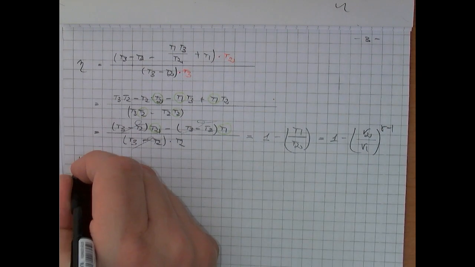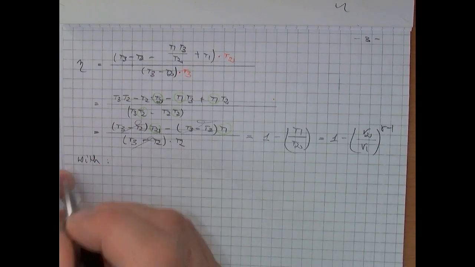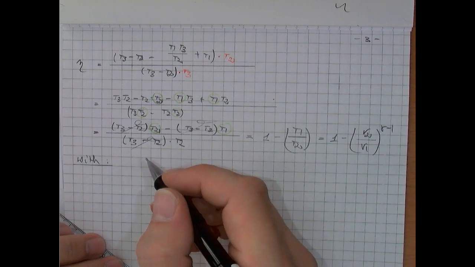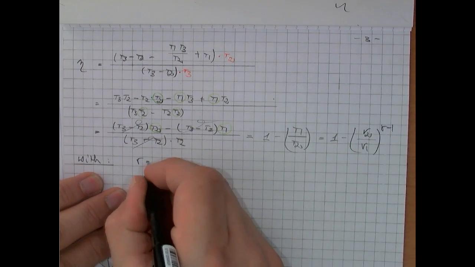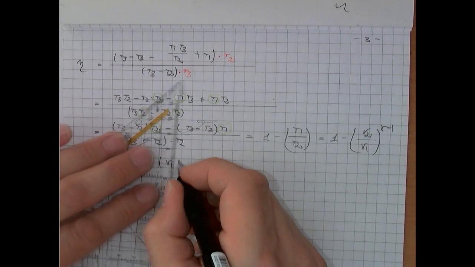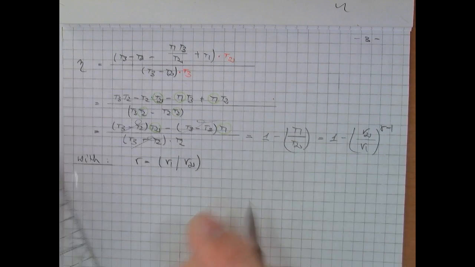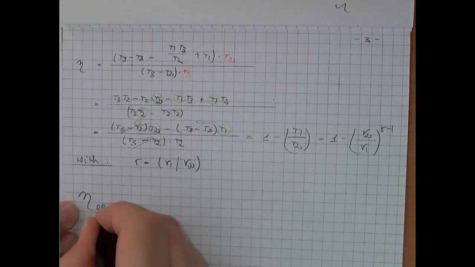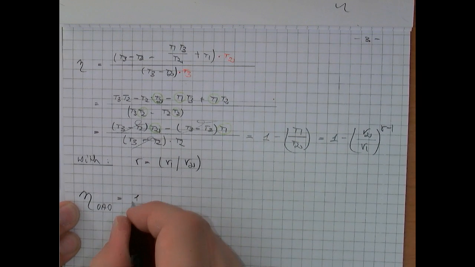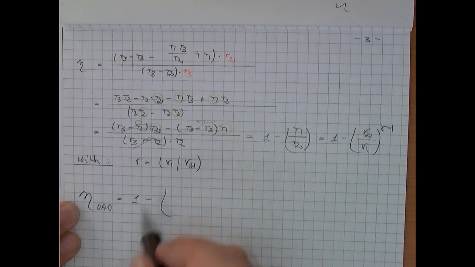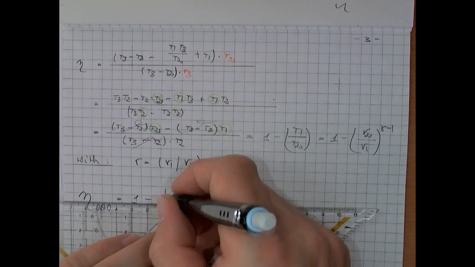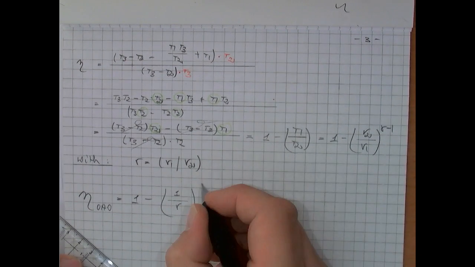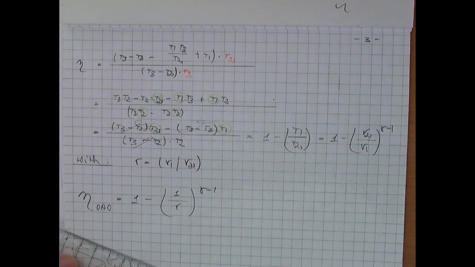And then, as you usually do, quoting this as a compression ratio, namely R equals V1 divided by V2, you have the efficiency as 1 minus 1 over R to the power of gamma minus 1. Okay.